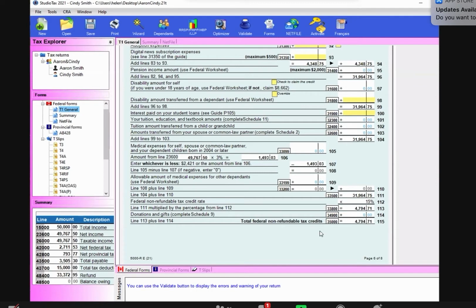So $3,000 minus $300 is $2,700. So that's a $2,700 credit. So do you think it is better for Cindy or for Aaron? The question is, is it better to put it on the person with low income or the person with high income?